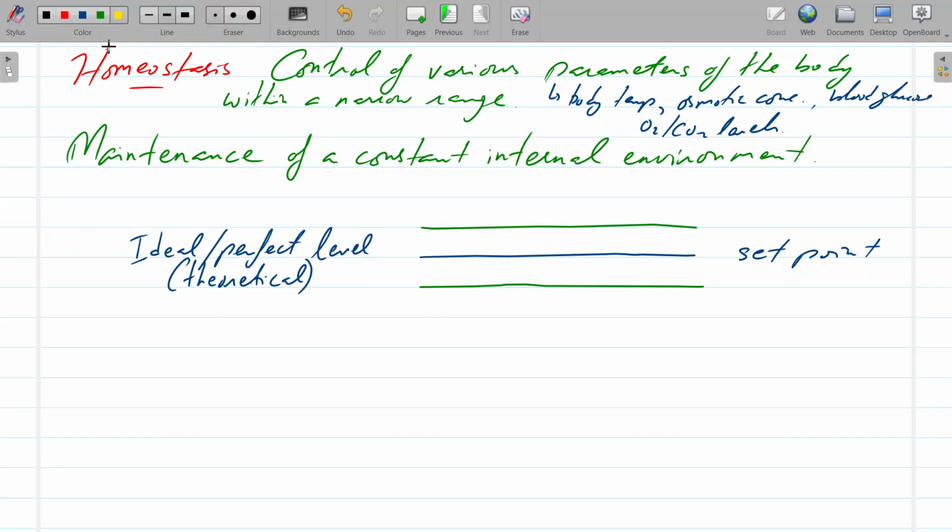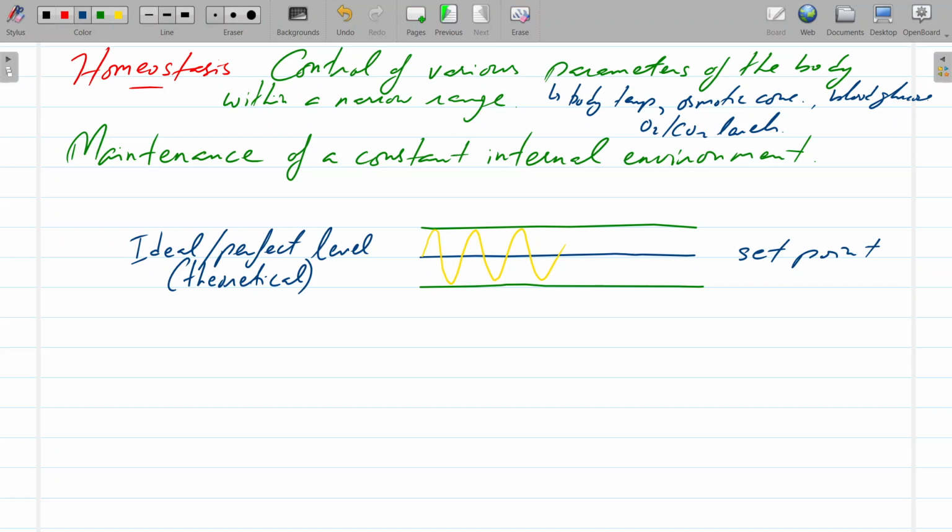So it's different for different situations, and the body keeps it within these two, right? So they constantly fluctuate. So you've got the upper and the lower level. The ideal level is, right, the set point.